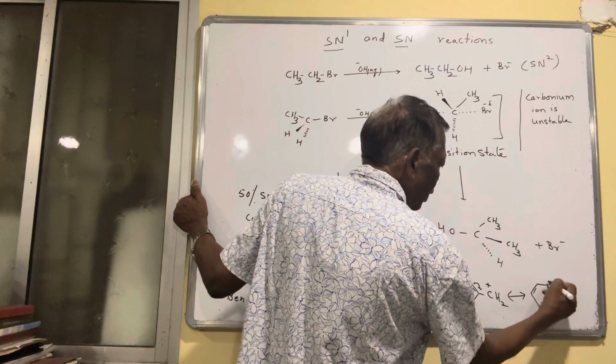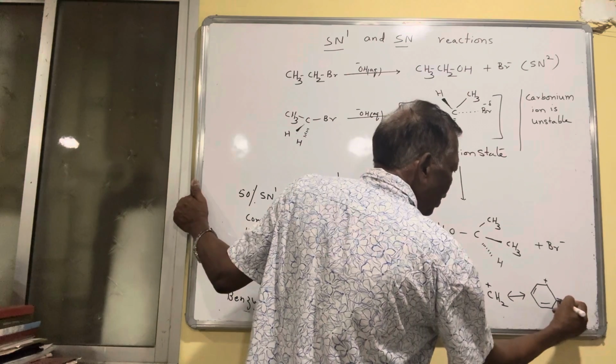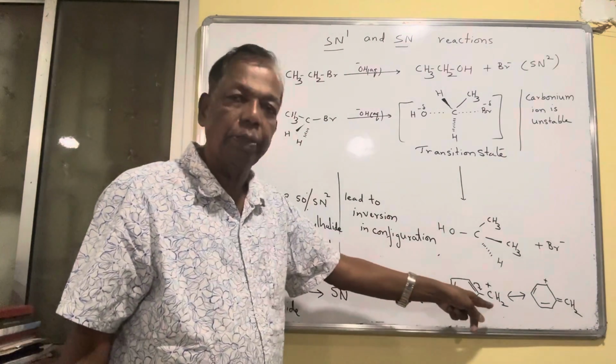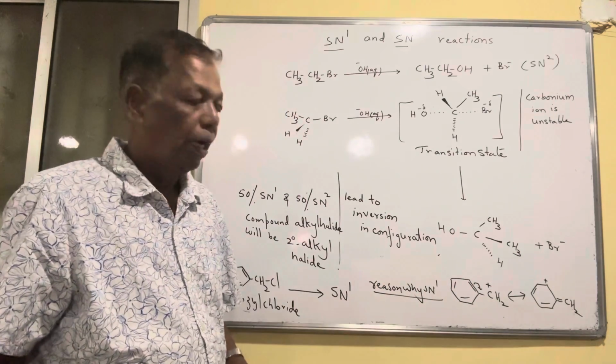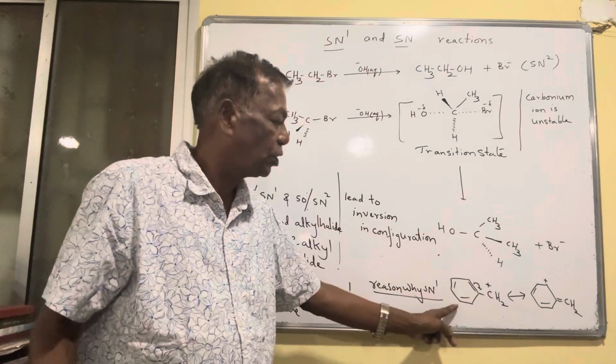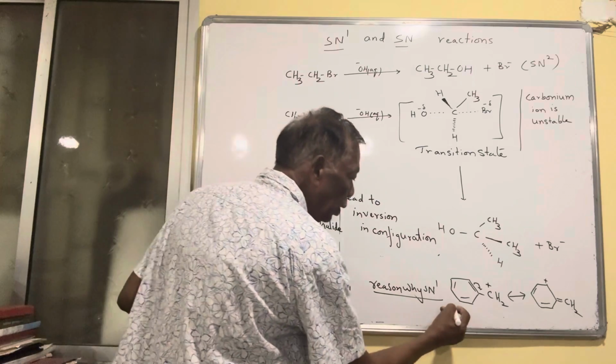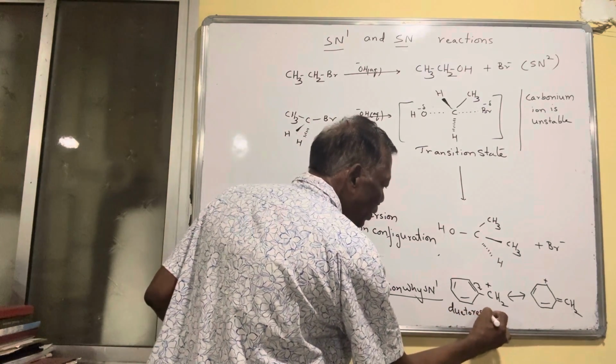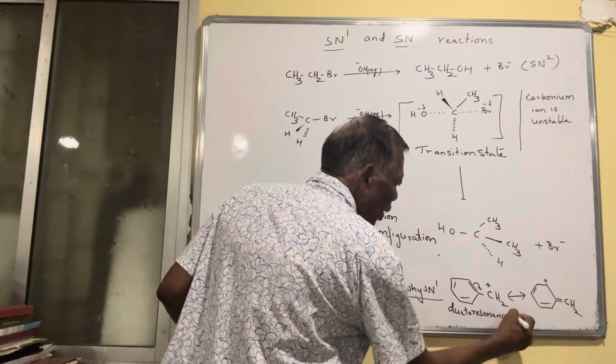So here there will be a plus charge with the double bond, CH2 like this. The plus charge will shift here, and therefore due to resonance it is stable.